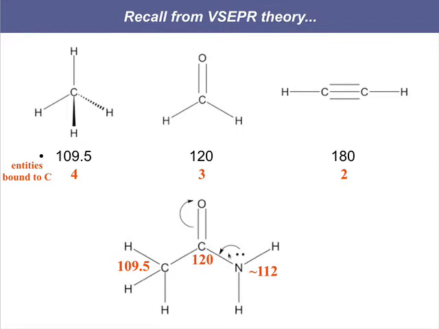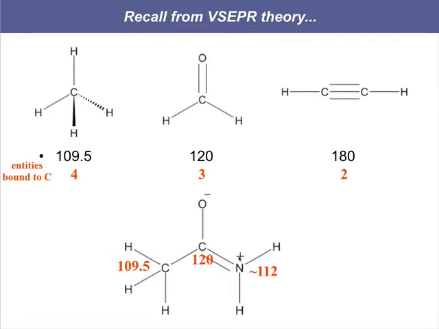Carbon's already got 4 bonds, so if we take this lone pair and make it into a new bond, the carbon would have too many bonds. But we can instead, to kind of compensate for that, move one of these double bonds onto oxygen and make it a new lone pair. So now what do we have? Now we have this, where we have 4 bonds to nitrogen and no lone pairs.